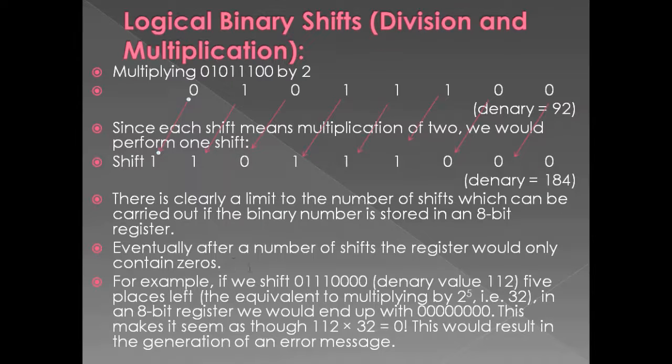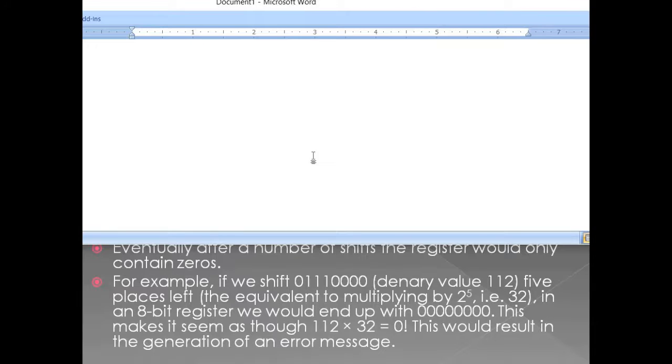So this 0 would jump 5 times, this one would jump 5 times. Let me show you. 0 1 1 1 0 0 0 0. This is the number. Now if you make it jump 5 times, basically each number is going to move 5 times. So this 0 is going to take a shift 5 times towards the left.